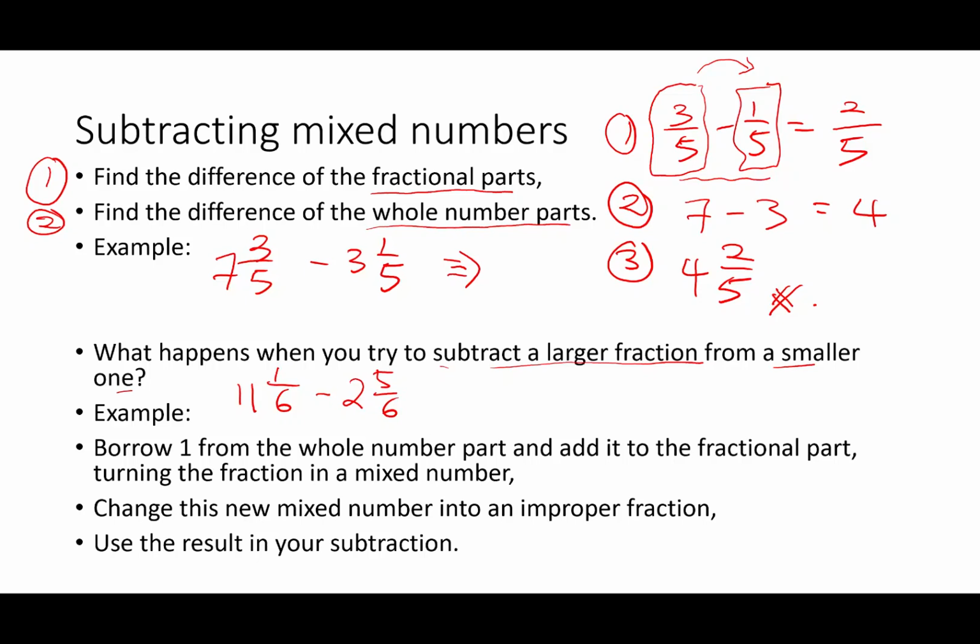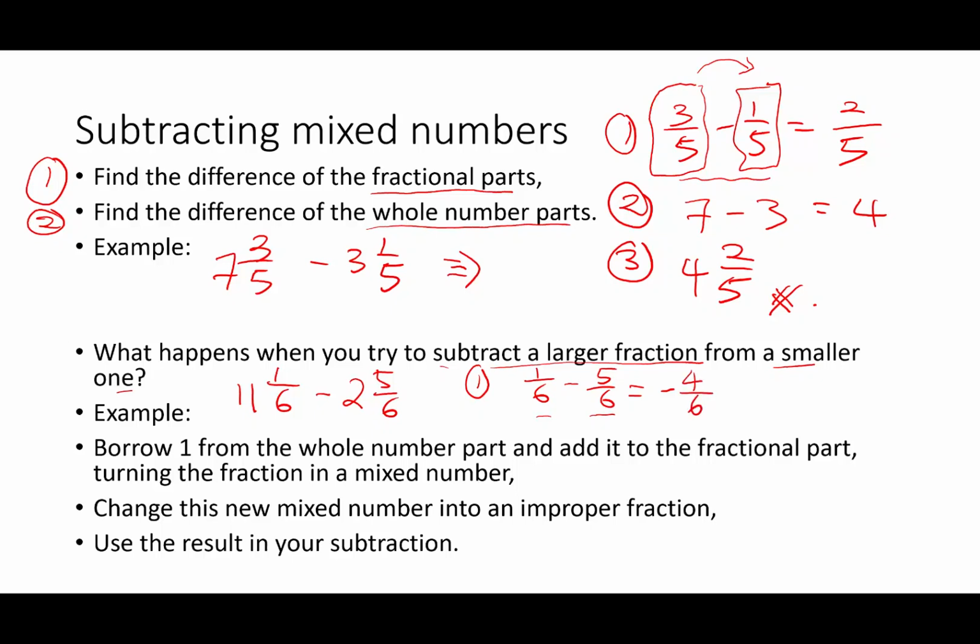The first step here is again to work on the fractional part first. So 1 over 6 minus 5 over 6. Because the second fraction is larger than the first one, we will end up having a negative fraction. So 1 minus 5 gives us negative 4 over 6.